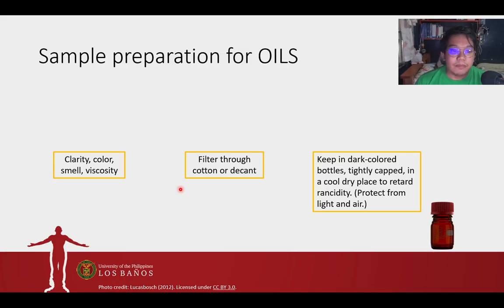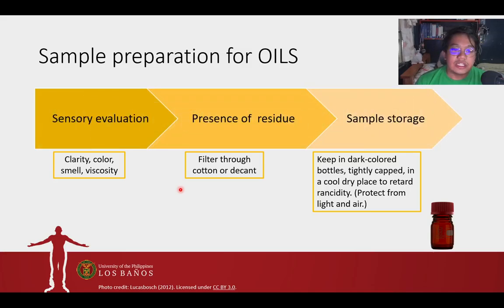Okay, for sample preparation, these are the parameters that you should consider: the sensory, the presence of residue, and the sample storage. For sensory, you have to observe the clarity, the color, the smell, and the viscosity of your oil.